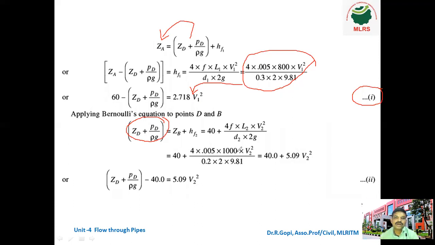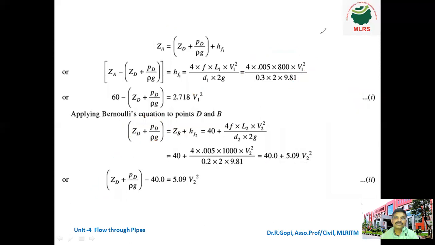L2, the length of pipe 2, as per the diagram is 1000 meter, and V2 square divided by D2, the diameter of pipe 2, is 0.2 into 2 into 9.81. If you simplify, we got this value. Substitute the value in that equation. Finally, we got this equation, which is equation number 2.